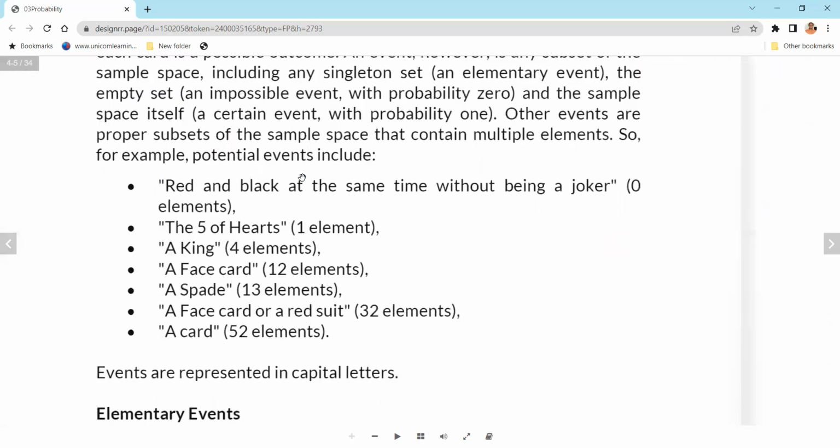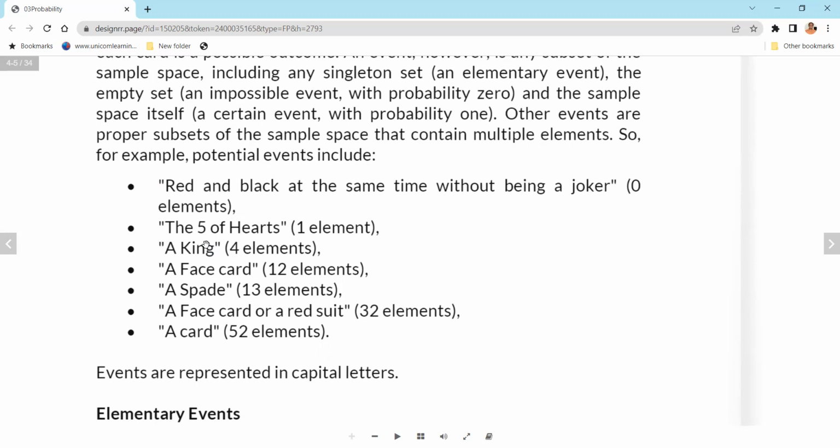Again, event. What is an event? These are your discrete events. When you pick a card from a pack of cards, what is the probability that I pick a card and it's a king?